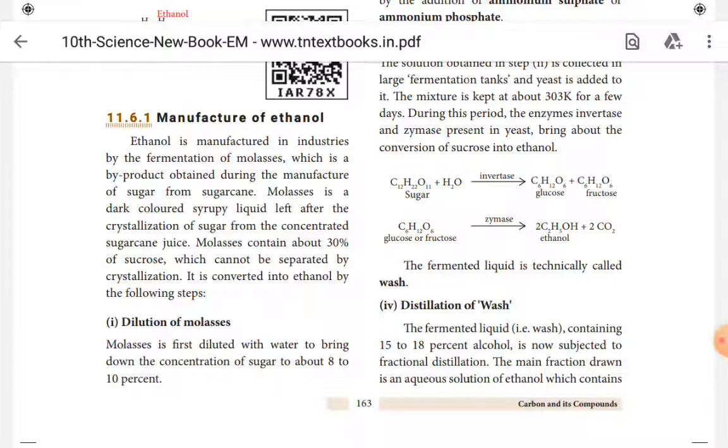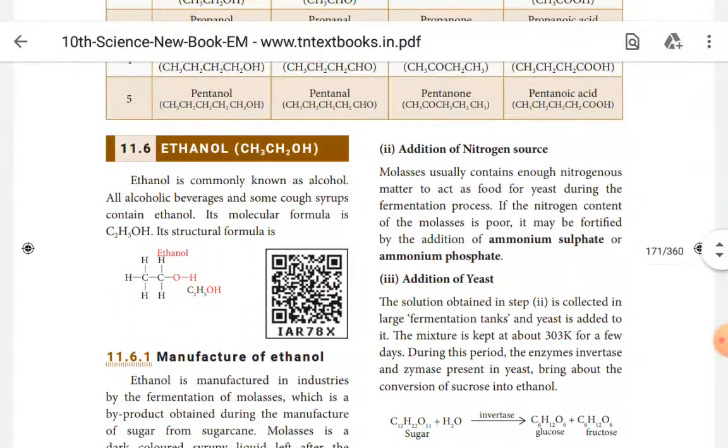Then what is the sugar content of molasses? Then next question, what are the nitrogenous sources added to the yeast? What is yeast? What is the temperature maintained in the fermentation tank?